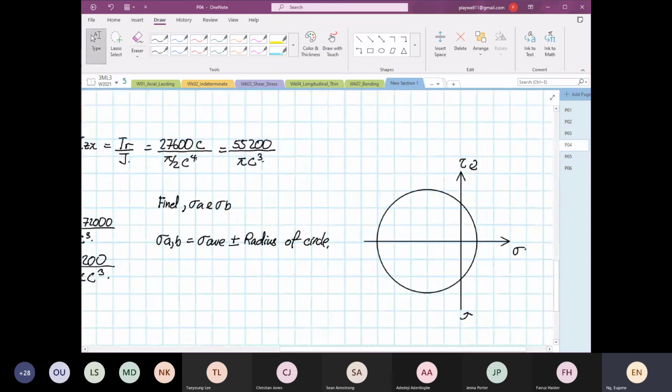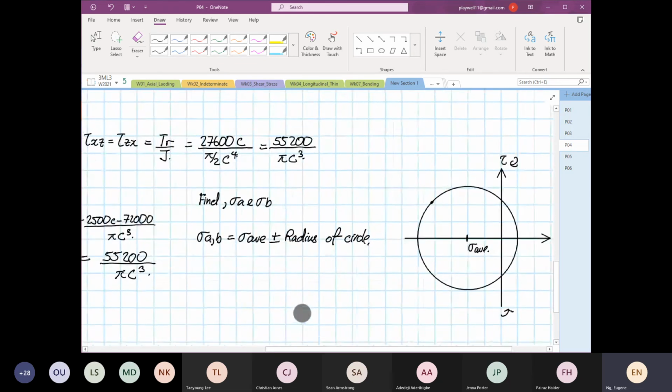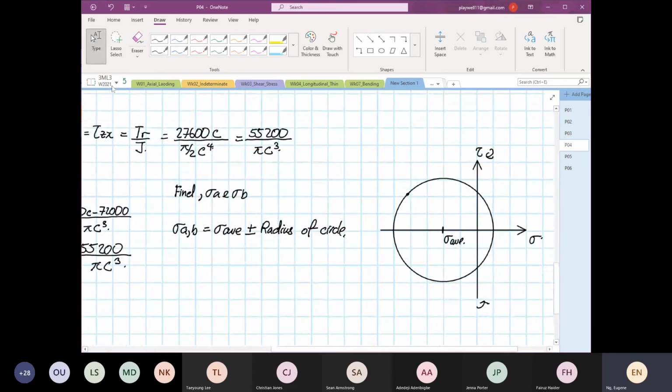The next thing we have to find is our average stress. Assuming that this is your point, what are the two points? Let me draw a line across first. So this is our point X. This is our point Z. So we have to identify our average stress.